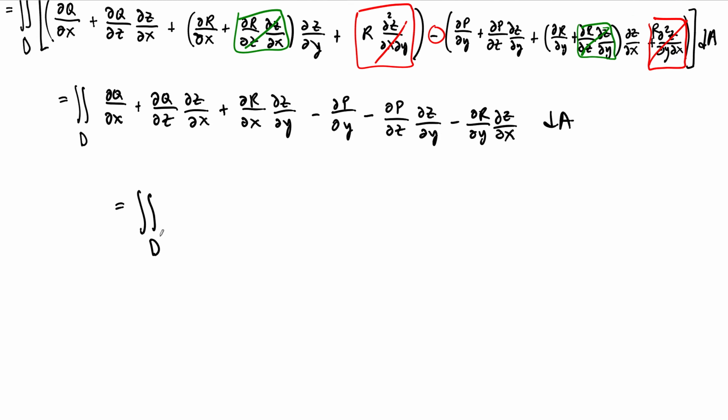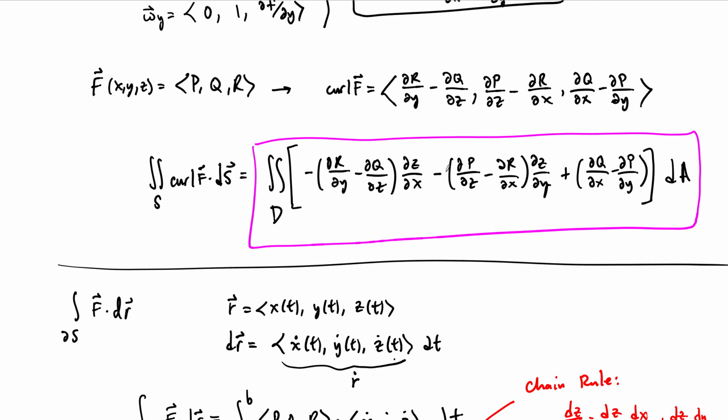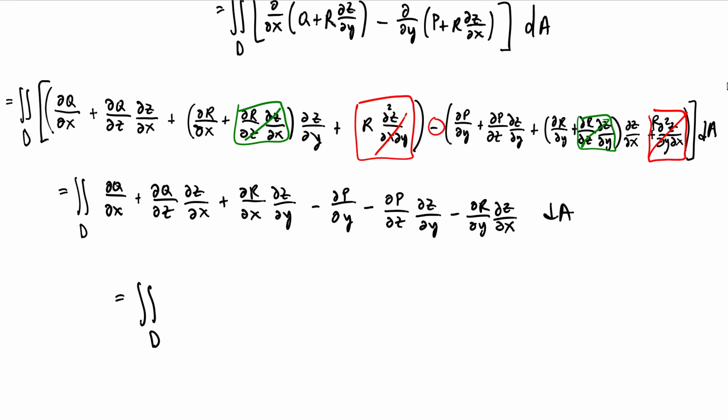We end up with double integral of minus, I want to make this look as close to this as possible. So I'm going to factor out a minus from the two that have the derivatives and not from the other one, okay? So let's make sure that we have exactly what we need.